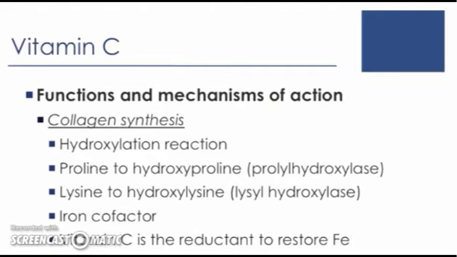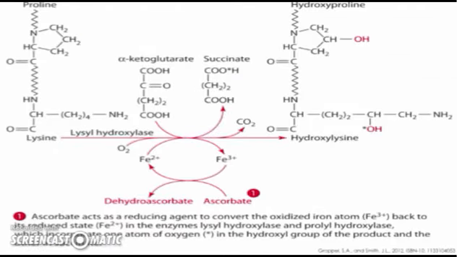To be reconverted back to ferrous iron, vitamin C is involved as the reductant to restore iron back to the ferrous state. So we see here in the reaction, this is a key reaction in the synthesis of collagen. We see conversion of lysine to hydroxylysine and proline to hydroxyproline. Iron is involved in the ferrous form as a cofactor, and in the process it becomes oxidized to the ferric form.